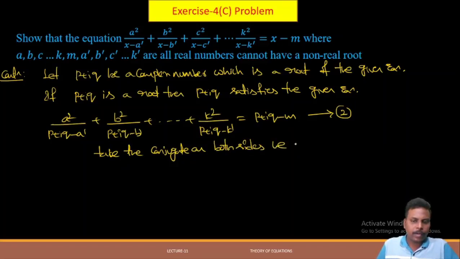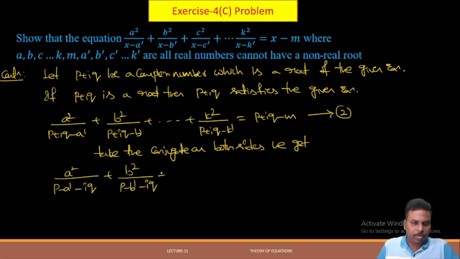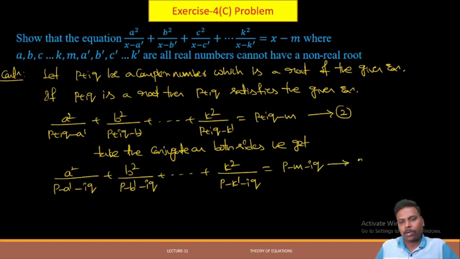We get a square divided by p minus a dash minus iq plus b square divided by p minus b dash minus iq, and so on up to k square divided by p minus k dash minus iq is equal to p minus m minus iq. Call this equation 3.